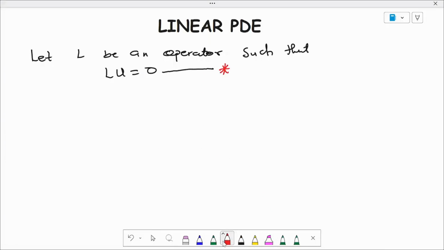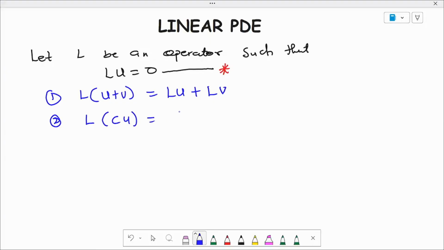In this case, for L to be a linear operator, it has to satisfy these two conditions. One, when L acts on two functions, u plus v, it should be the same as Lu plus Lv. And then when it acts on a scalar multiplied by any function, that is cu, it can be written as cLu.